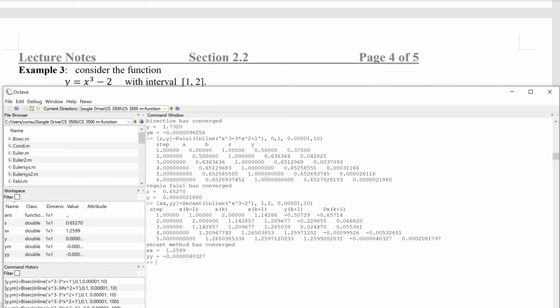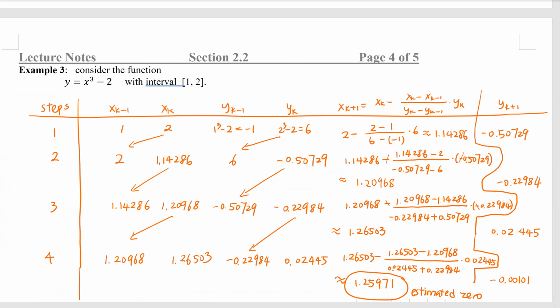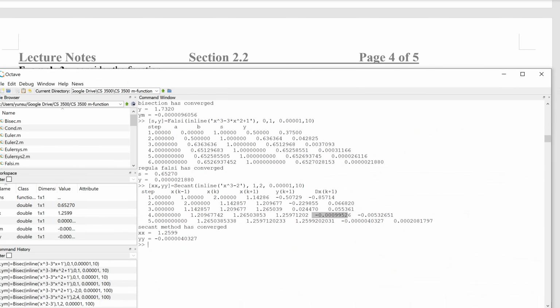Okay, so you see in our 4 steps, we get 1.25971 and that matches. And let's see here. Okay, yes, and this is close enough.